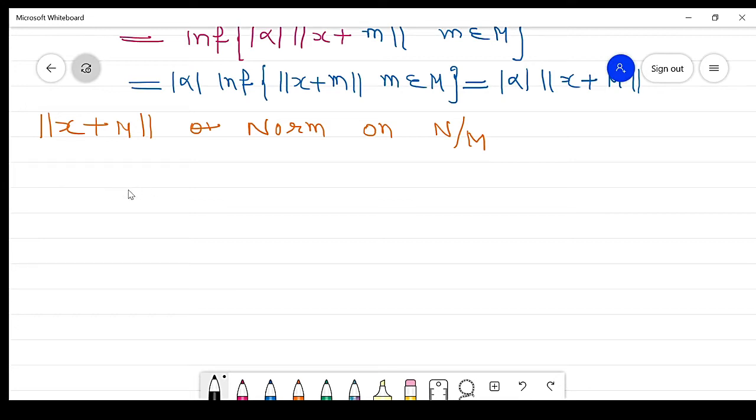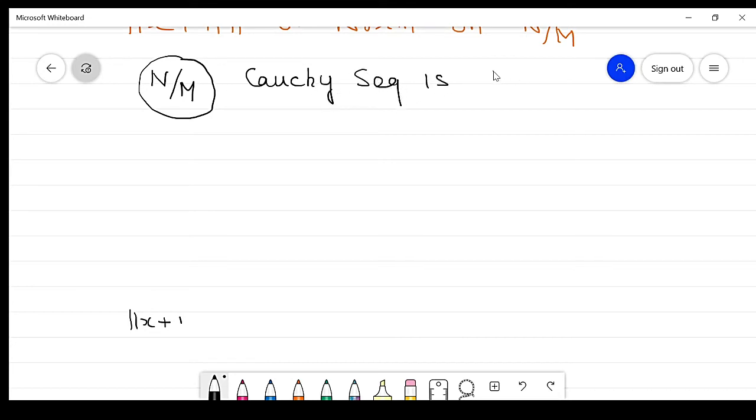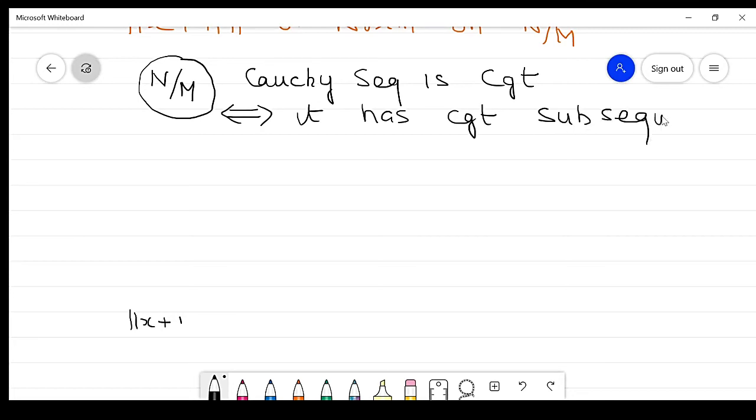We take some Cauchy sequence in N by M, and that will be convergent.